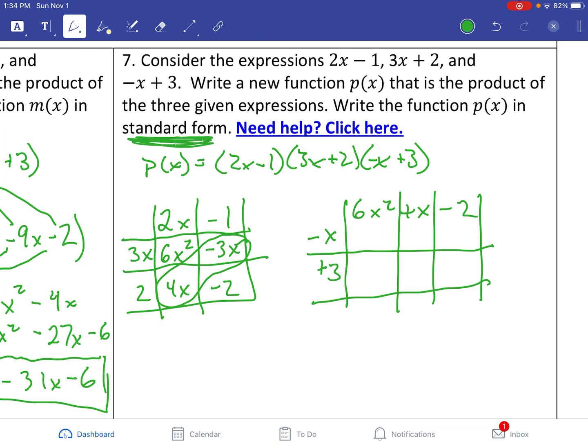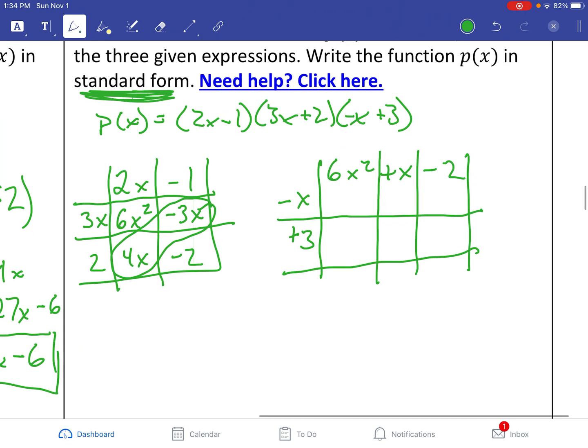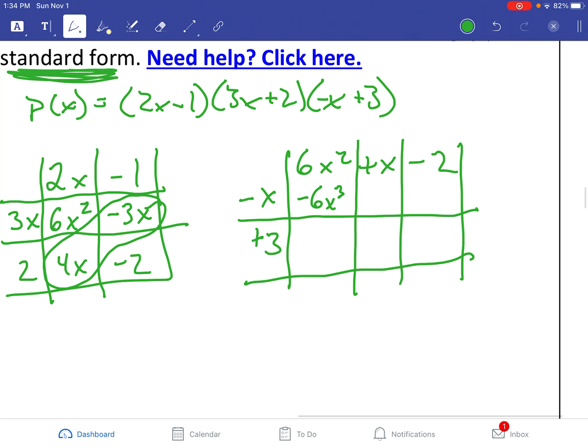Okay, so I have negative x times 6x squared is negative 6x to the third. Let me make a line here. There we go. Negative x times positive x is negative x squared, and negative x times negative 2 is positive 2x.